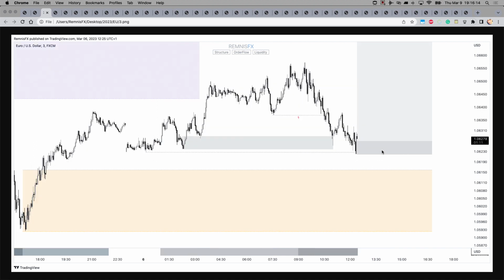So let's go to the next screenshot. And yeah, now basically I noticed, right, major inducement is now liquidated by this gray candle. And look where it closed. It engulfs this black candle entirely, right?